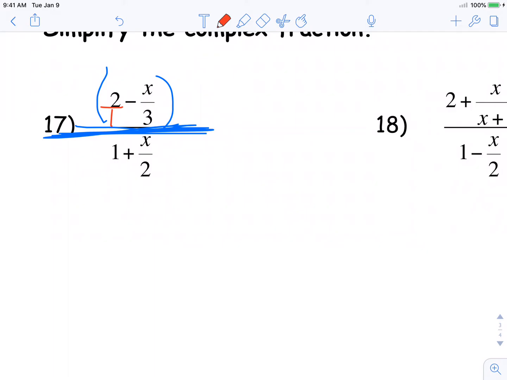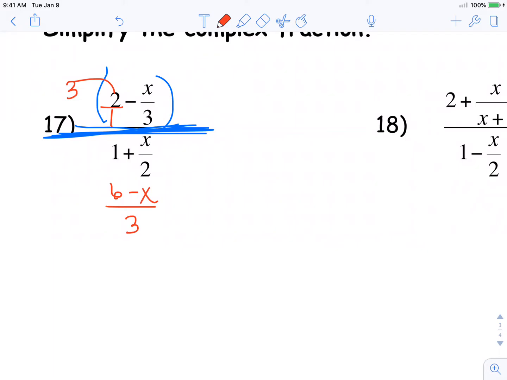So that means I'm going to multiply the top by 3 so that it has a common denominator. So Stephen, do you know what that 2 over 1 would become? 6 over 3. Yeah. So they have a common denominator. This becomes a 6. And then the x over 3 stays the same. So that's now 6 minus x over 3.